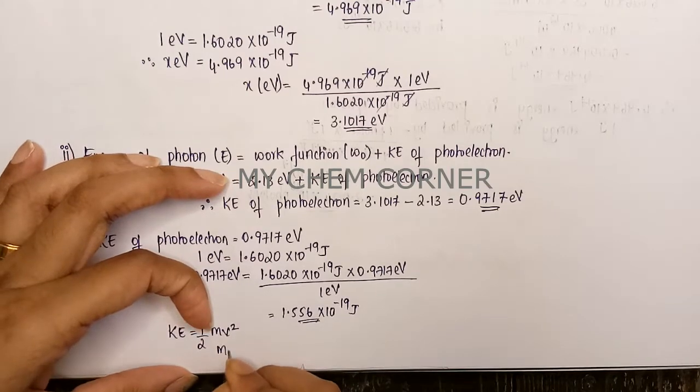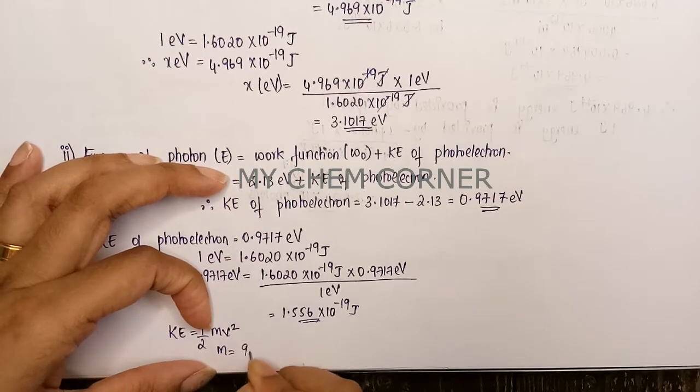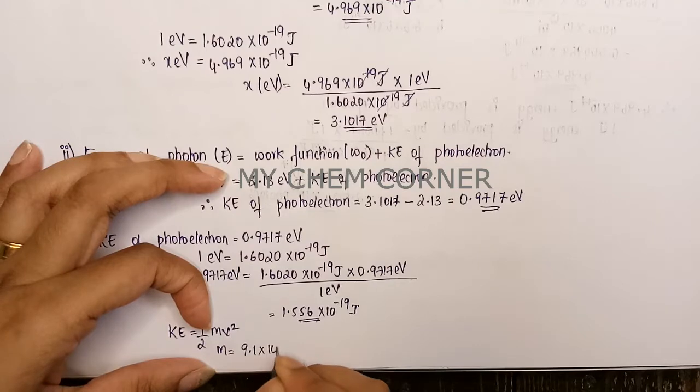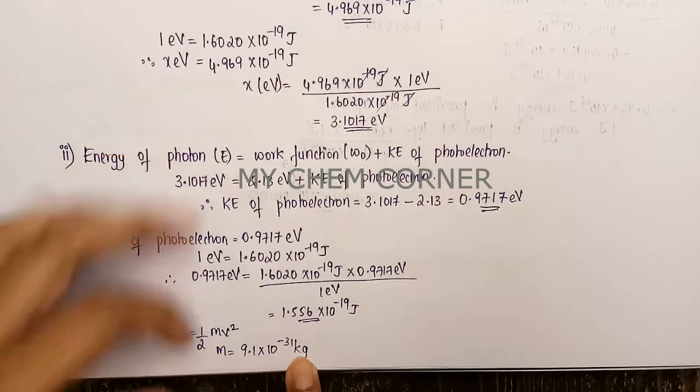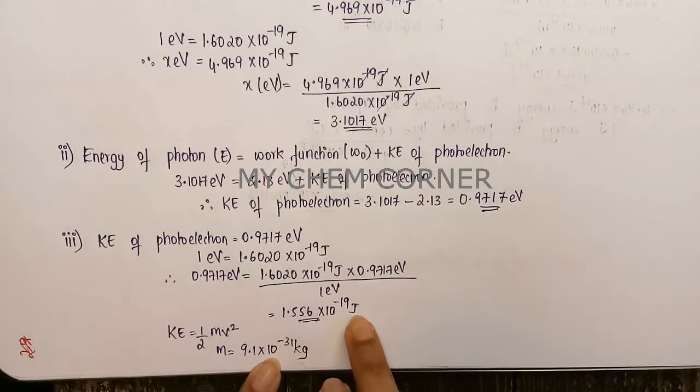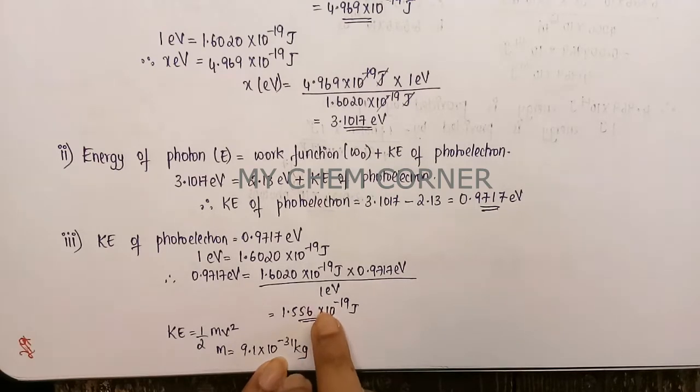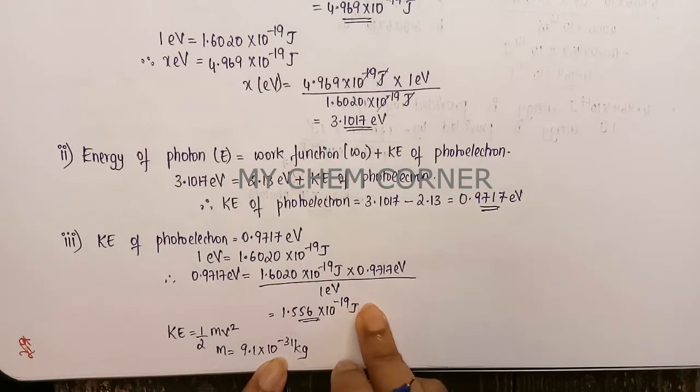So therefore mass of electron is equal to 9.1 into 10 to the power minus 31 kilogram. That is a standard value. But if you see, our energy is in terms of joules, and this mass is in terms of kg. So we have to convert this in terms of kg also.